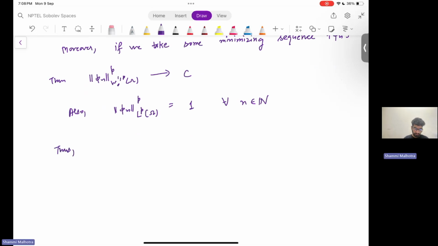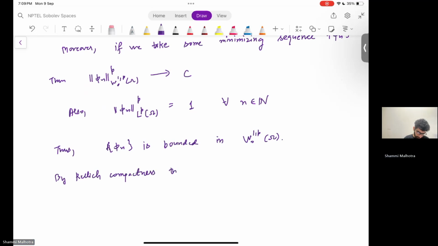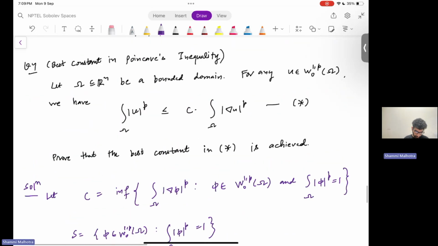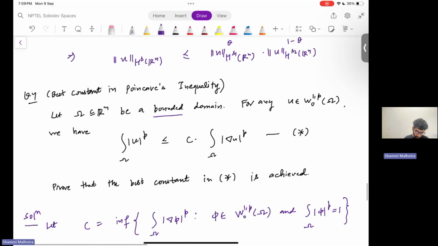We have this phi n is bounded in W naught 1p omega, by Rellich's compactness theorem, since omega is bounded. So we are assuming this omega to be a bounded domain.